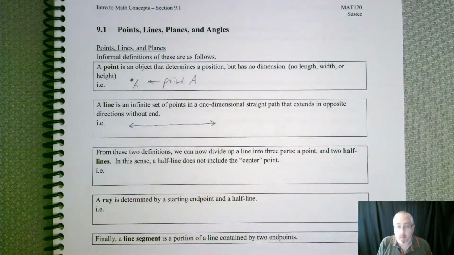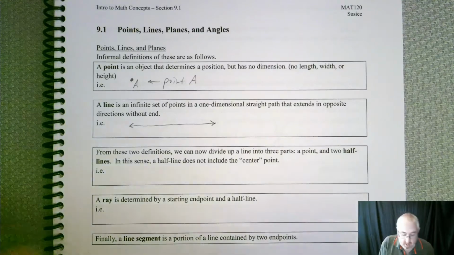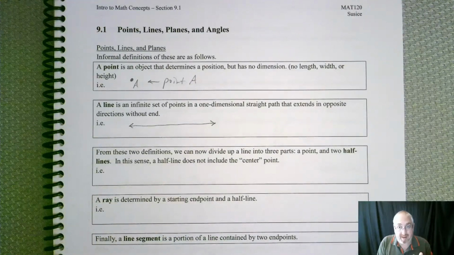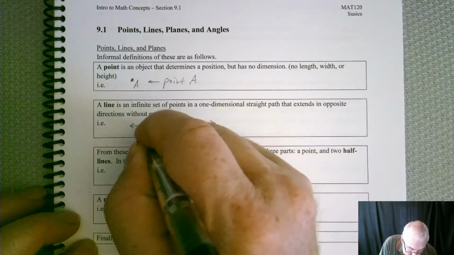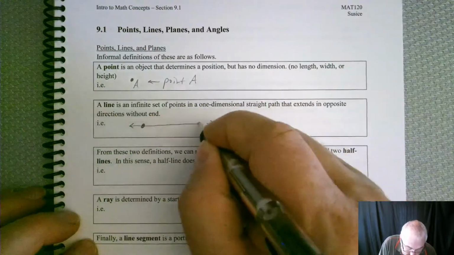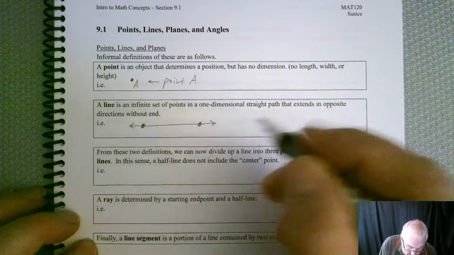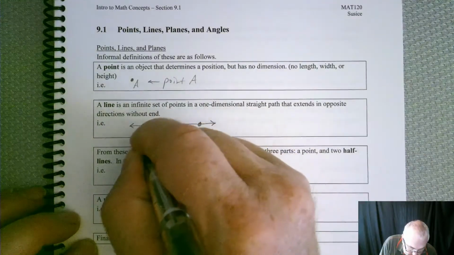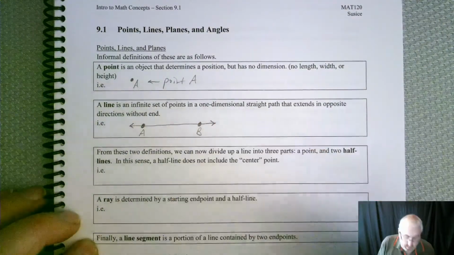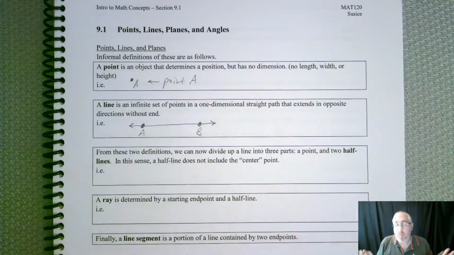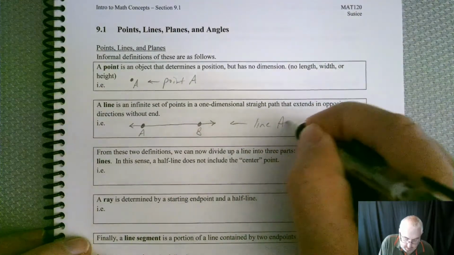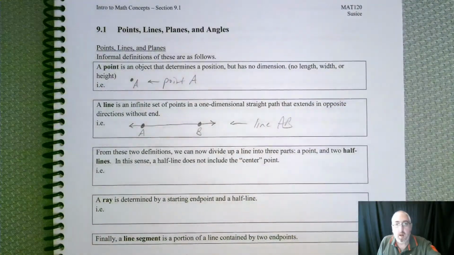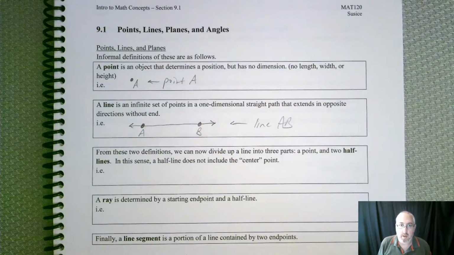Now, if you've got more than one line on a particular page, then obviously you want to be able to identify it pretty quickly. So the way they would do that, typically you need at least 2 points. Not always, but typically, and they'll have them labeled A and B or whatever. So again, this is going to be line AB.